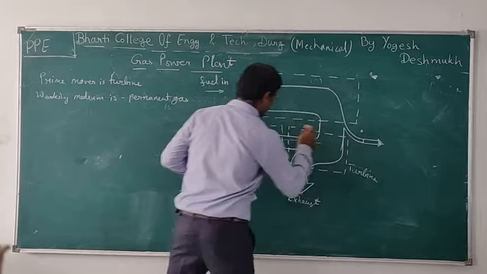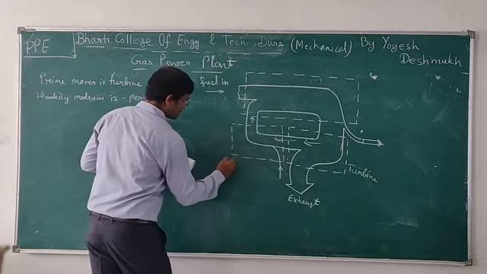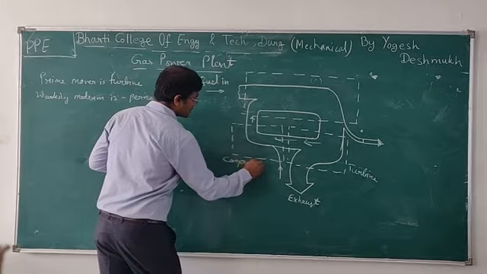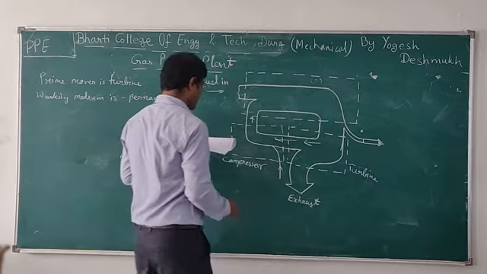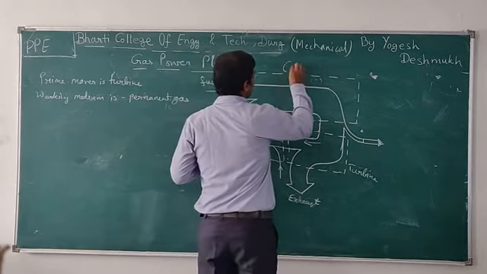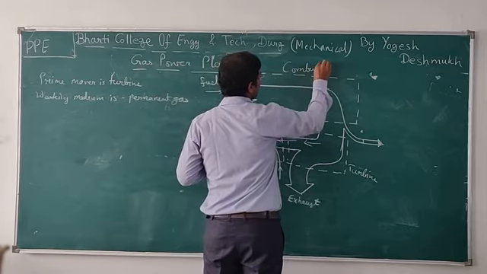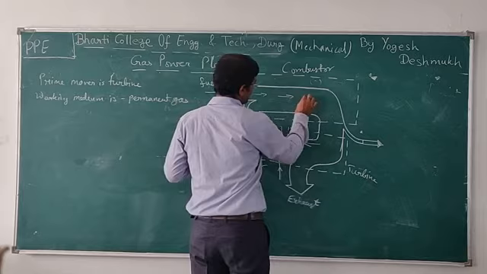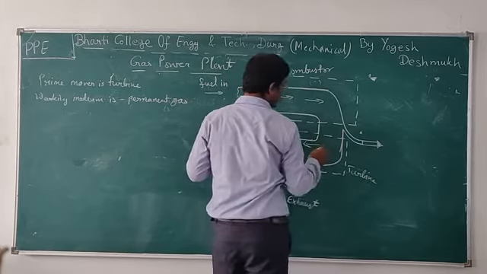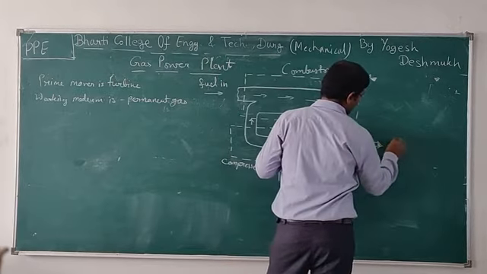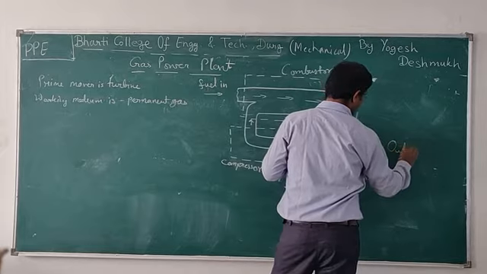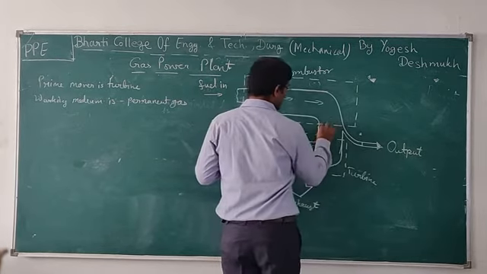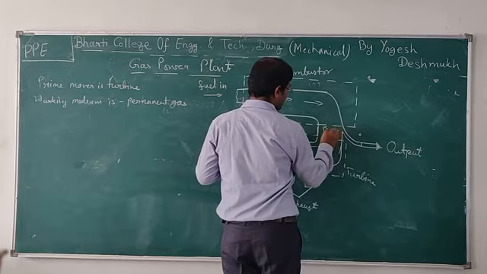The dotted line shows the turbine work, and this is the compressor where compressed air is created. This is the combustor, the combustion chamber, where the combustion takes place. Here the hot flue gases go, and here is the output for the turbine. And this is the power output.